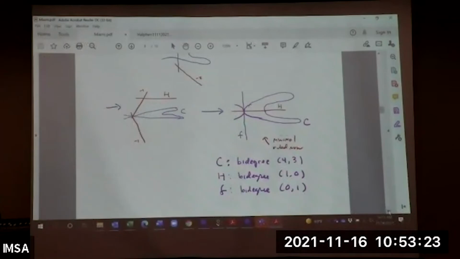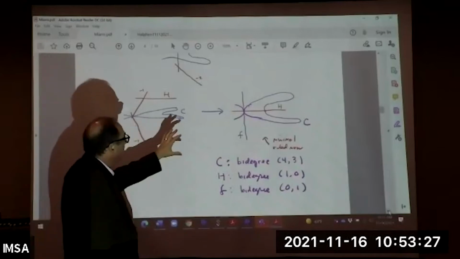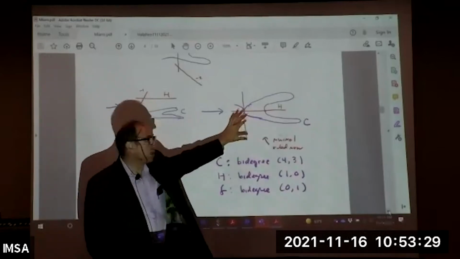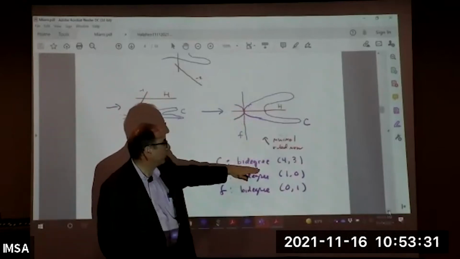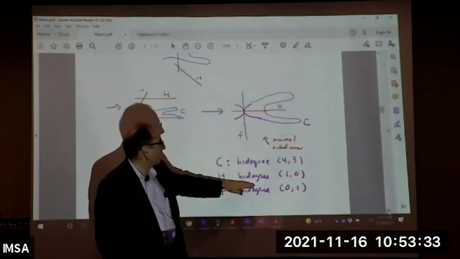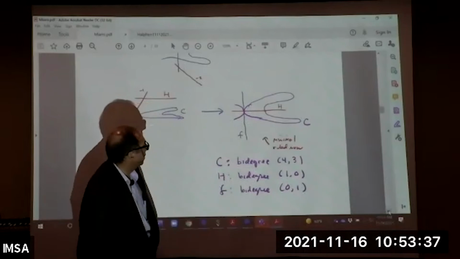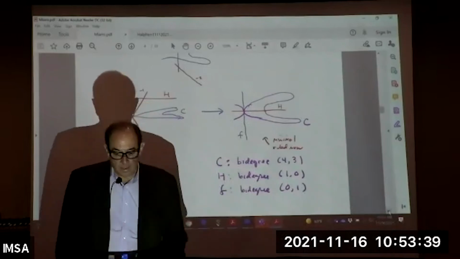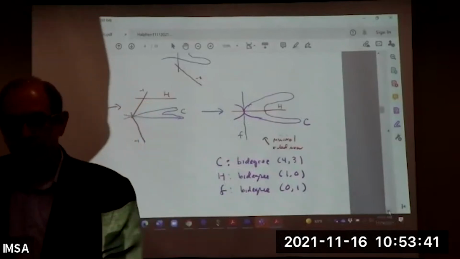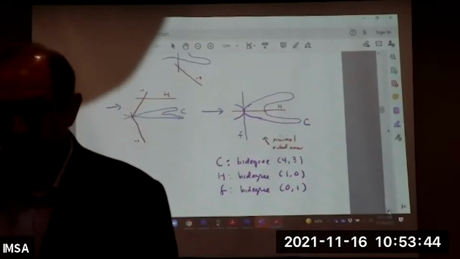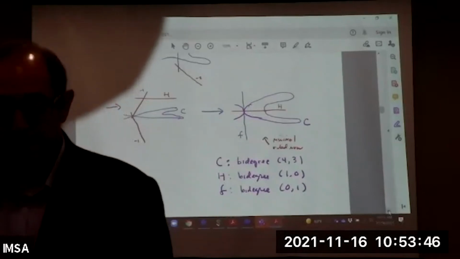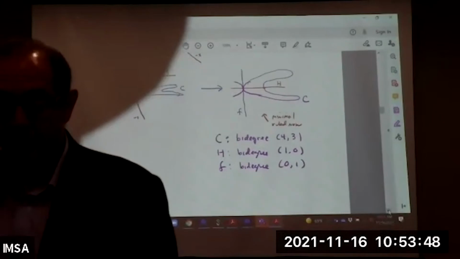And so now you have this configuration. This turns out to be P1 times P1. C has bidegree 4, 3. H has bidegree 1, 0, and the fiber has bidegree 0, 1. And that is the description of the branching given by the natural involution that you get.